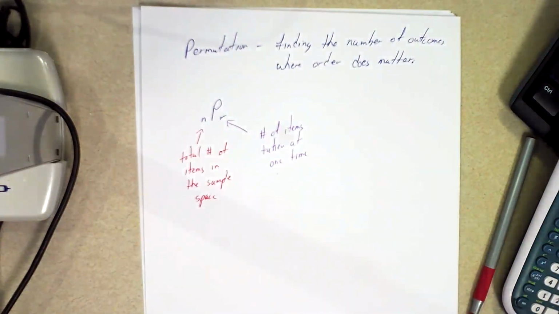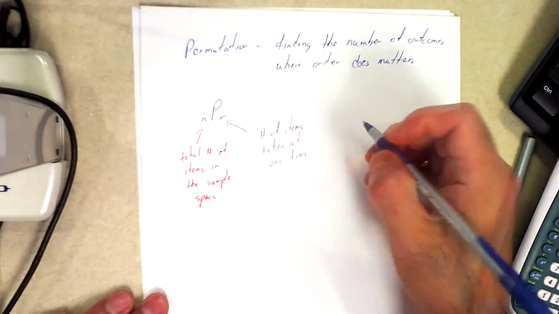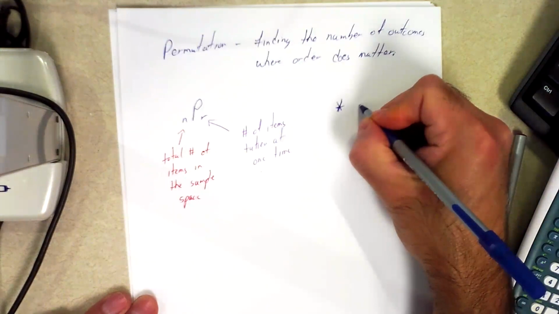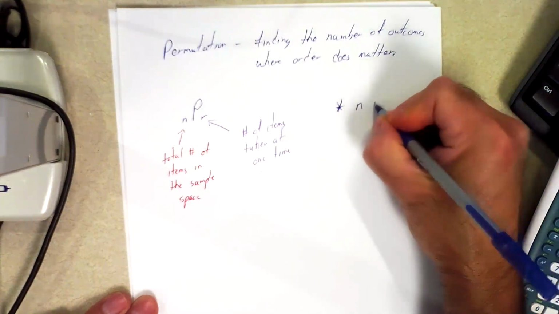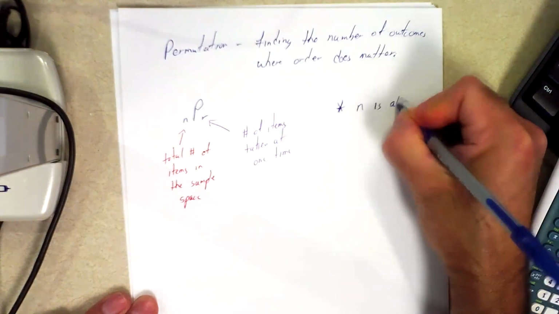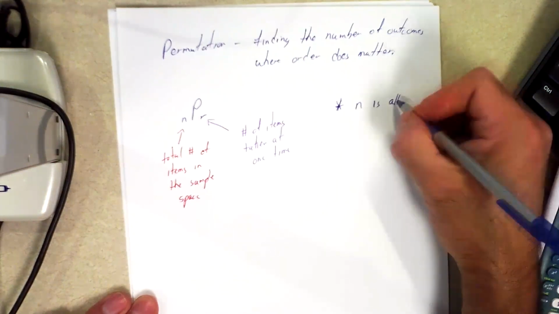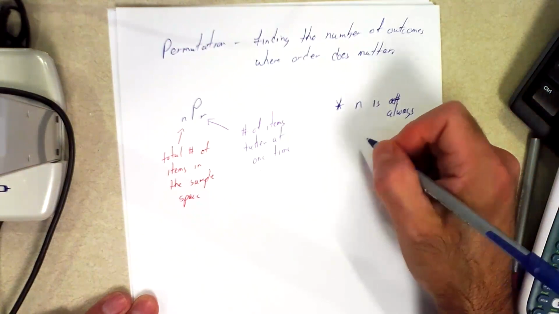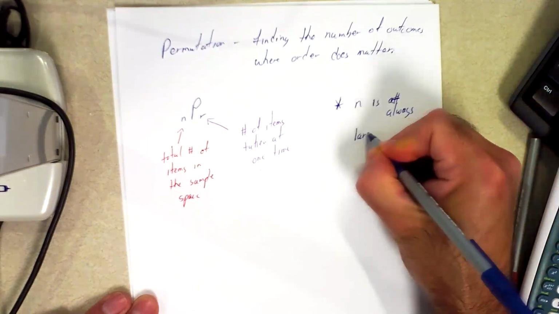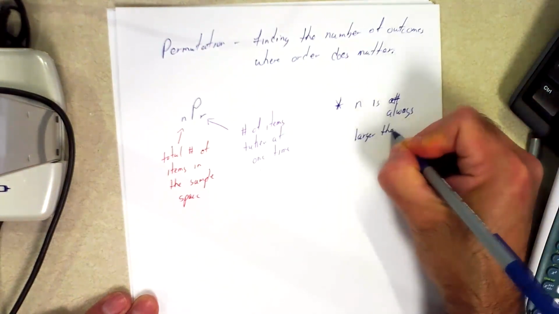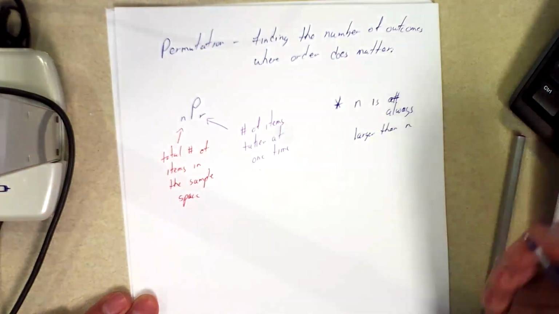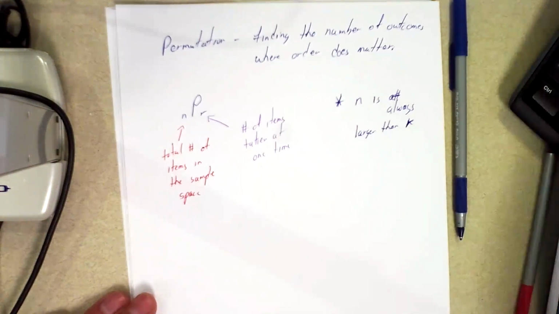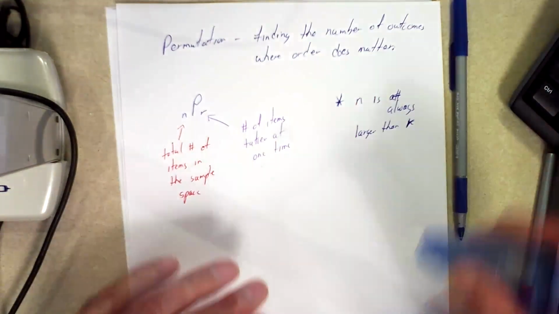And I'm going to put a little side note here. The N is always larger than R. So you're going to ask, how do you know which number goes where?